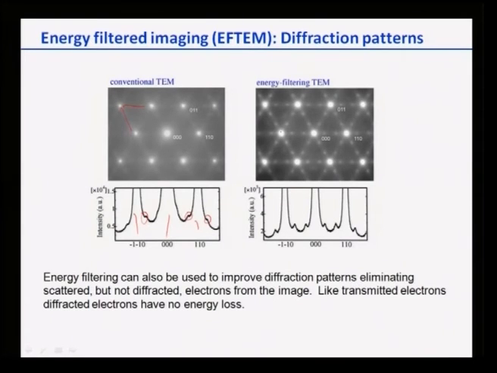So what you see here very clearly changing in the electron diffraction pattern is that these brighter spots are surrounded by 6 weaker spots, which are not visible there. That is how you can improve the contrast of the electron diffraction pattern, which is not possible otherwise. Here we have removed all the inelastically scattered electrons by using the prism.